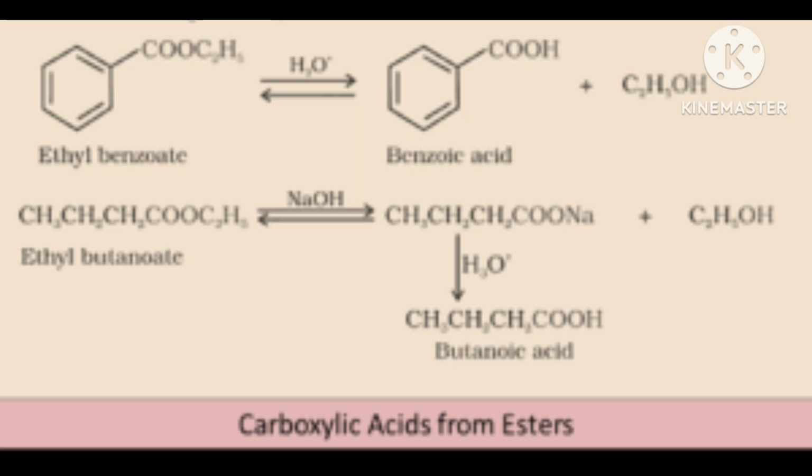You have to convert butan-1-ol to butanoic acid. This is the first question. Correct? One by one I will tell you. After that there are 5-6 more questions, I will explain all. First, conversion of butan-1-ol to butanoic acid.